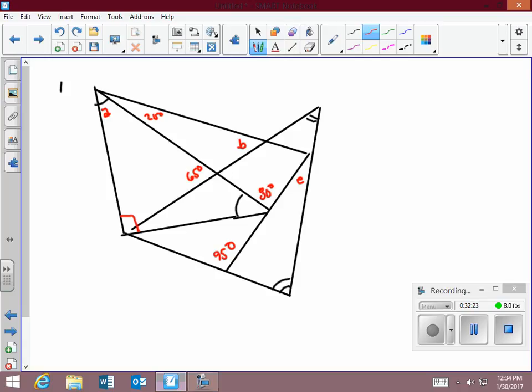This one they call G, down here. Then they say, calculate the measure of each lettered angle. Congruent angles and right angles are indicated.